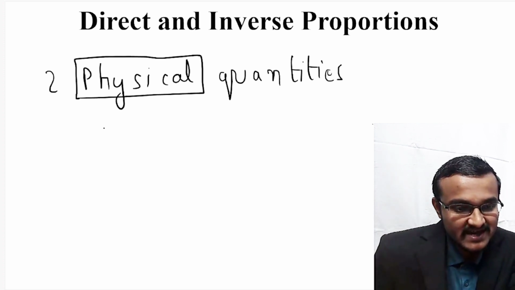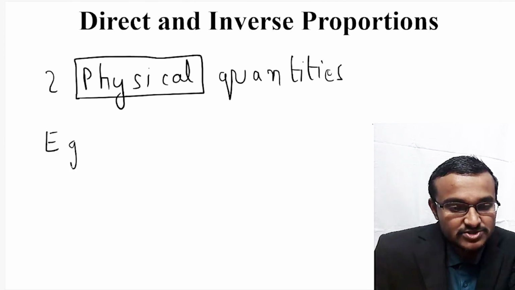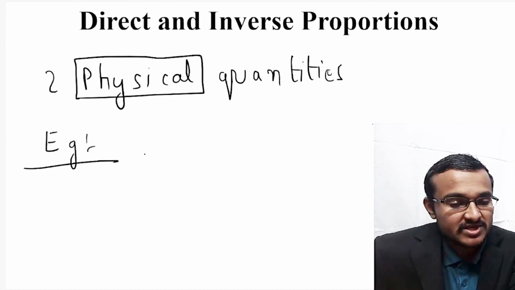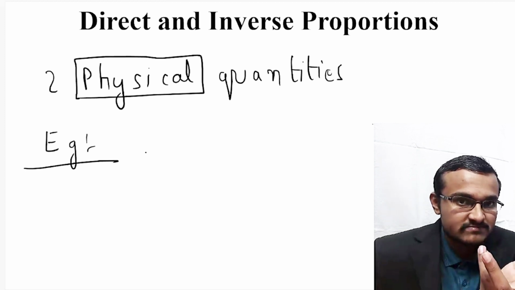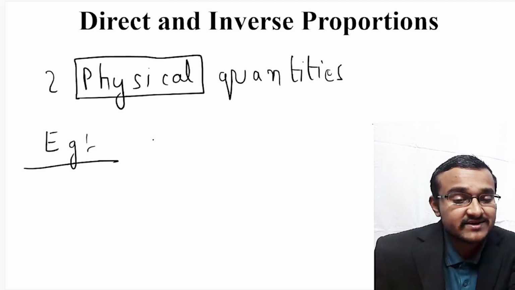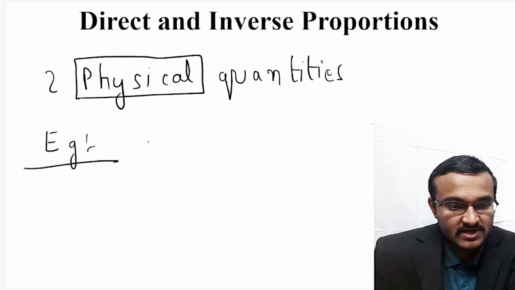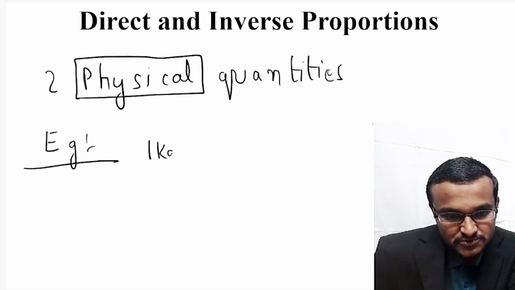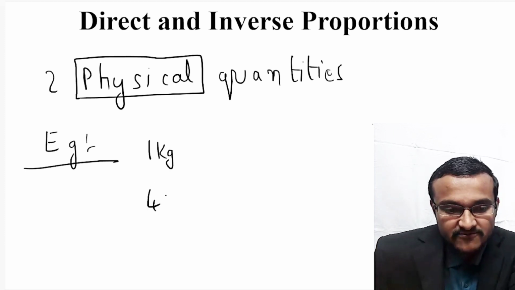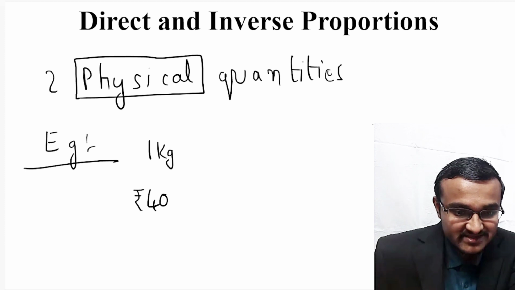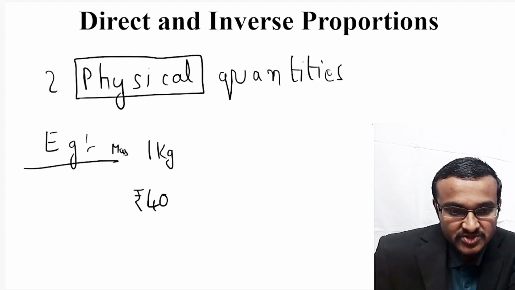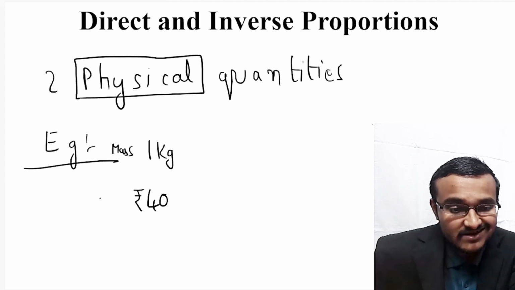So let's say I'll take one example. When you go to a shop, there you will buy some sugar. Let's say the rate of sugar is 40 rupees. So 1 kg of sugar costs 40 rupees. Let us imagine this. So this is the mass of sugar. I'll write mass, and here I'll write cost of the sugar.